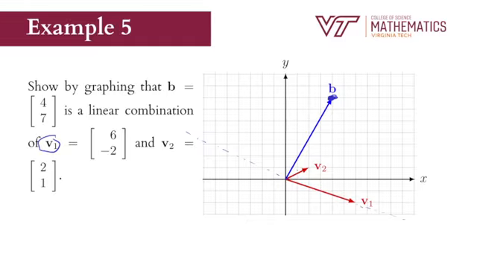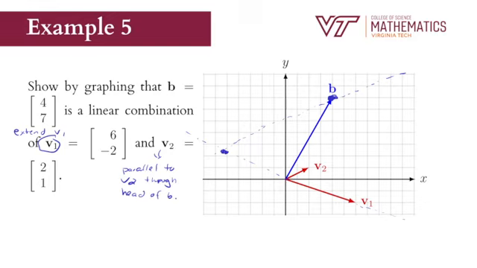So what I'm going to do is draw a parallel line to V2 that goes through B. So we extend V1, and then we draw a line parallel to V2 through the head of vector B. And they cross right here.